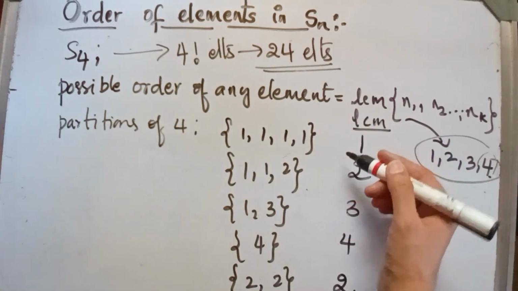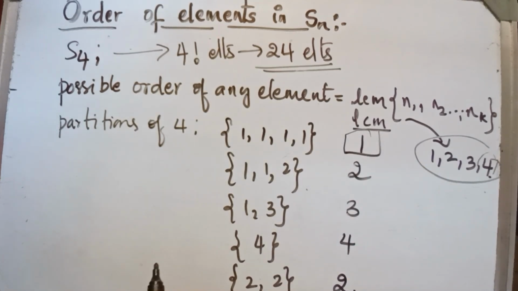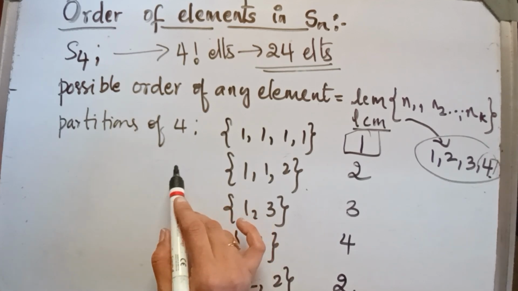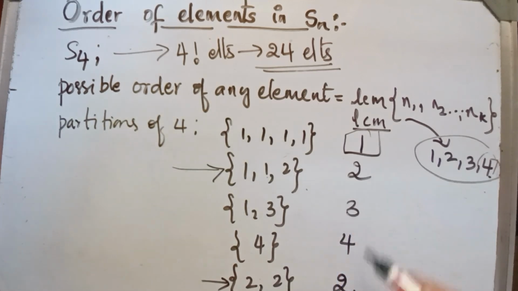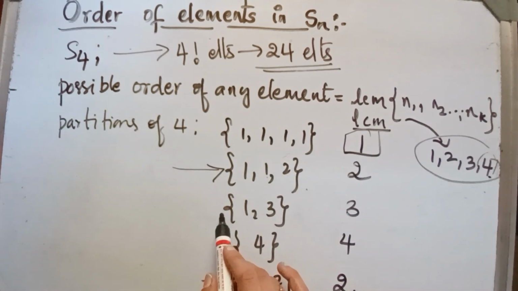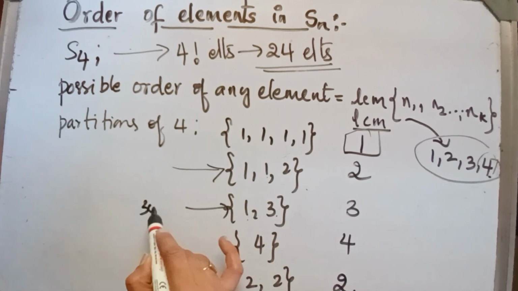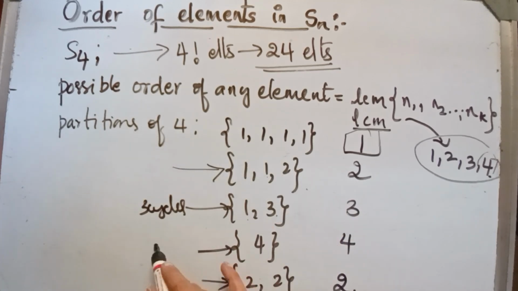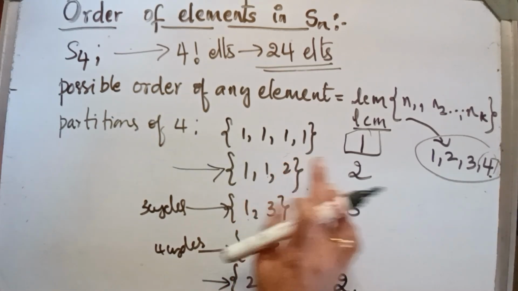Now, after getting the LCM, look at the elements. Only the identity has order 1. Then, permutations with cycle decomposition 1,1,2 and cycle decomposition 2,2 will have order 2, and permutations with cycle decomposition 1,3, meaning 3-cycles, will have order 3. 4-cycle permutations will have order 4, and a product of 2 transpositions and transpositions will have order 2.